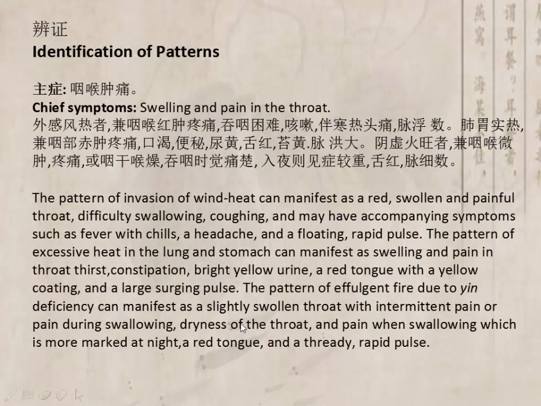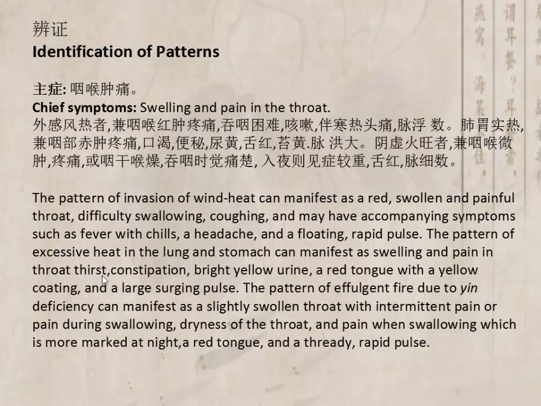Okay. Major patterns listed here. Red, swollen, painful throat with coughing, usually with chills, fever, headache, and a floating rapid pulse, major sign for exterior heat. Excess heat in the lung and stomach with swelling and pain in the throat.